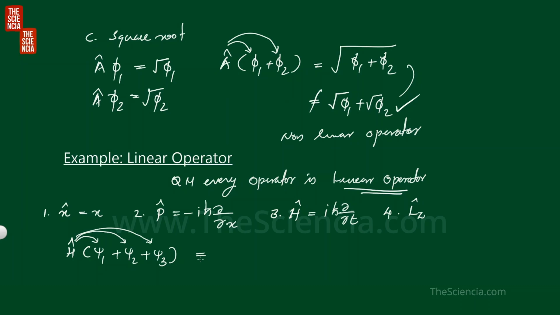So when expanding this, it will look like H cap phi 1 plus H cap phi 2 plus H cap phi 3. When this Hamiltonian operator operates on these states, it will give the corresponding energies E1, E2 and E3, right? So this is how a linear operator operates on its state vectors.